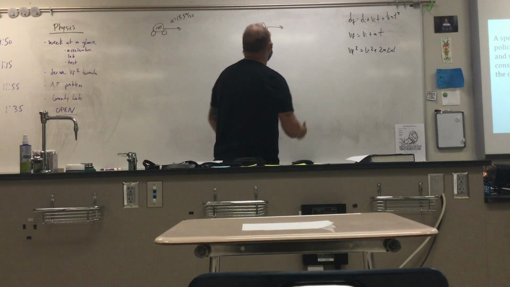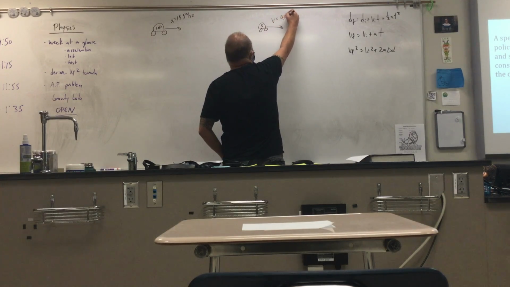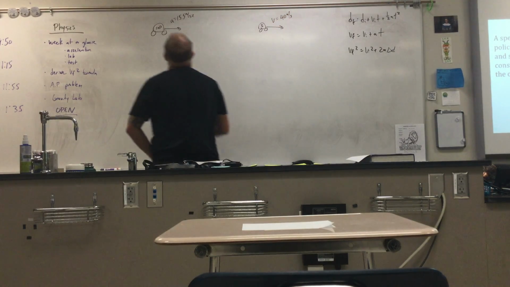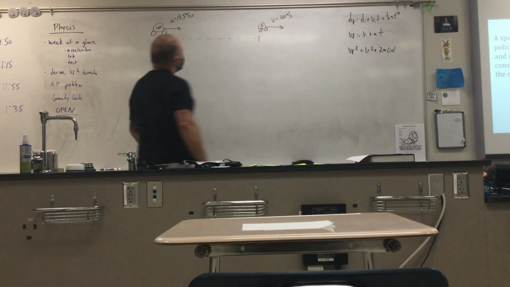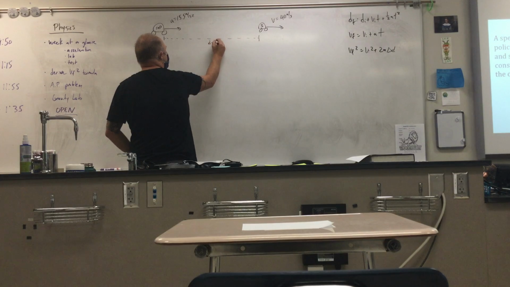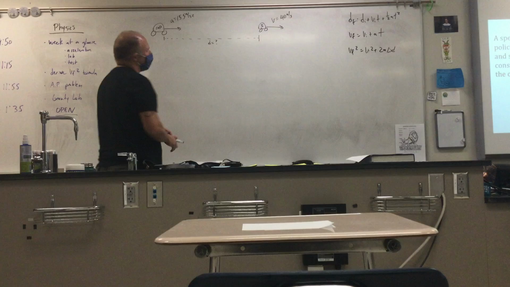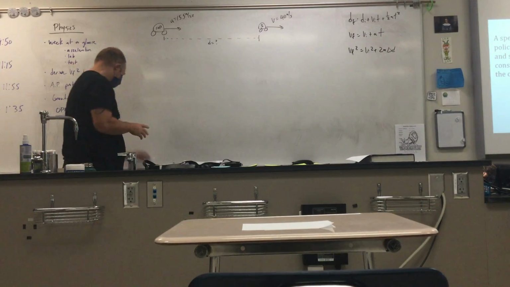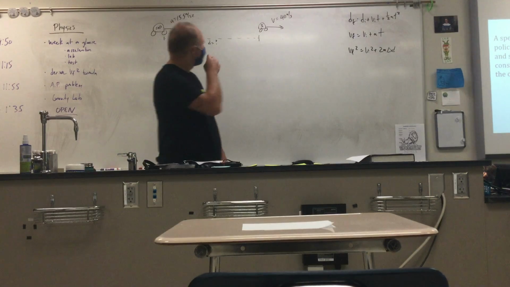The speeder has a constant velocity of 40 meters per second. And by the time the cop starts chasing, there is some initial distance between them, which will be important in a moment. Go ahead and stop me if you have any questions as we move.